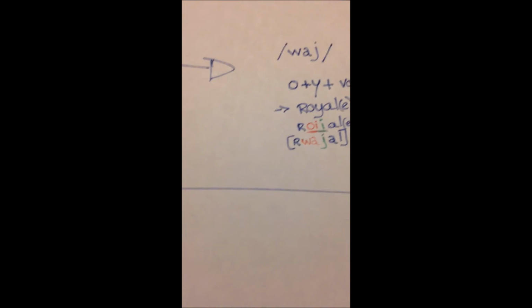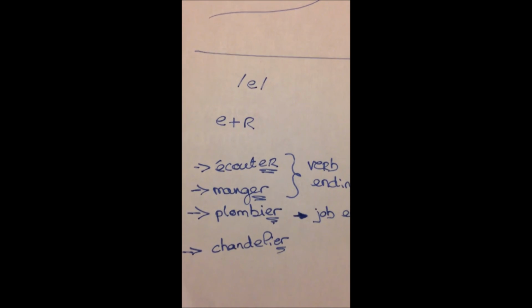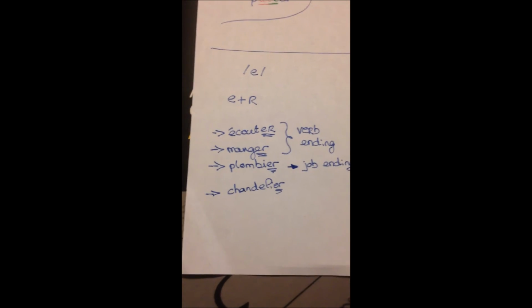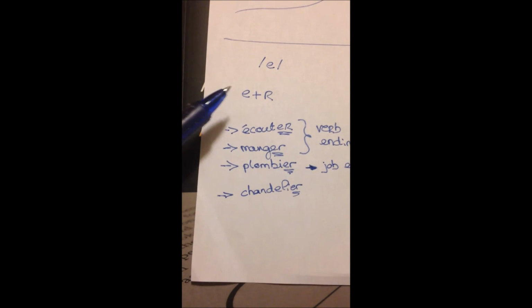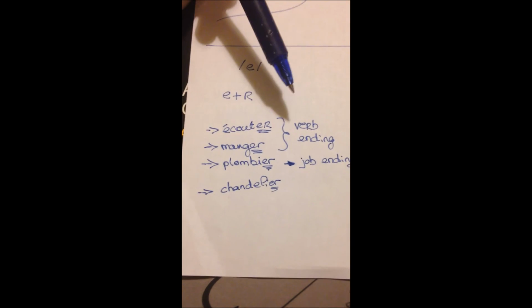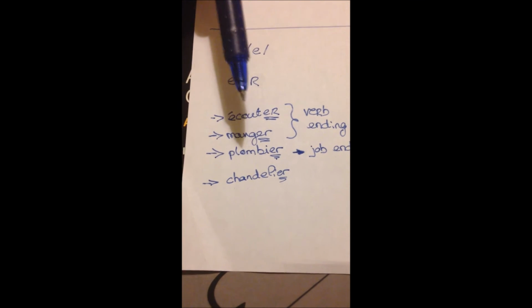Alright, so now the last sound I wanted to tell you about is the sound E, which you can get with the letter E and an R, like in the word écouter or manger. It means to listen to and to eat.